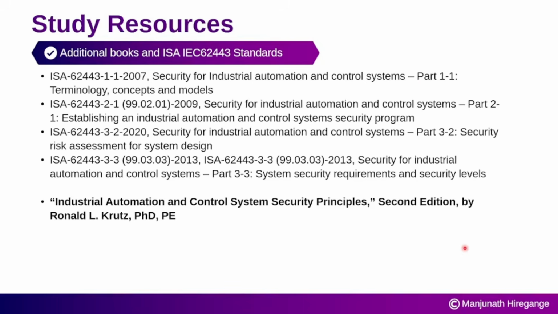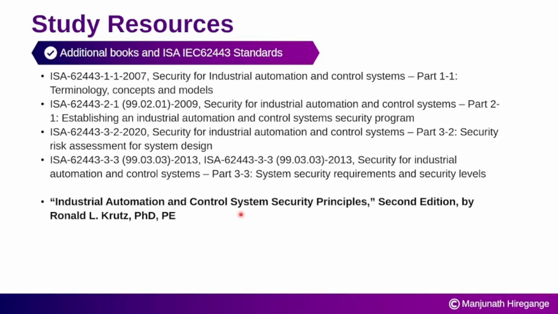So let's talk about the other study resources that really help you prepare for the 62443 certification. These are not mandatory, but what I felt is that 1-1, 2-1, 3-2, 3-3, all these certifications are derived from these standards, and also from this book.